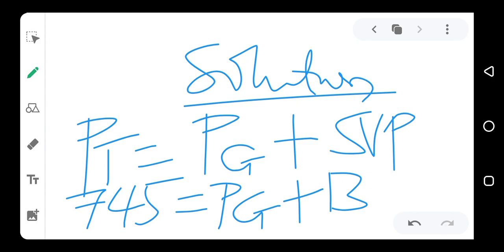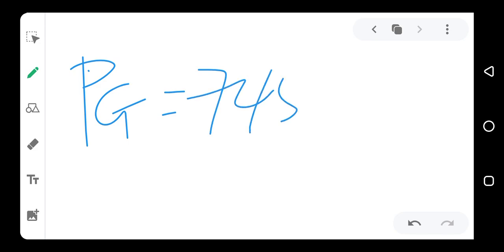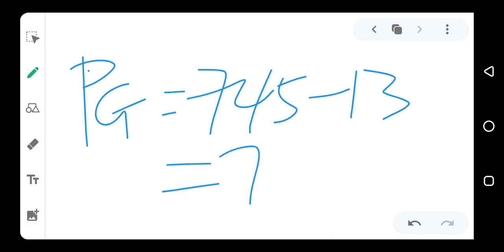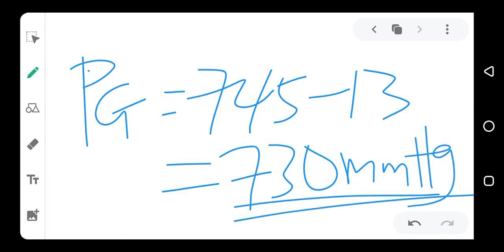To get the pressure of the dry gas, PG is equal to the total pressure, 745 minus 13, which gives us 730 millimeter mercury. So this is the answer. This is how to get the partial pressure of a gas from the total pressure.